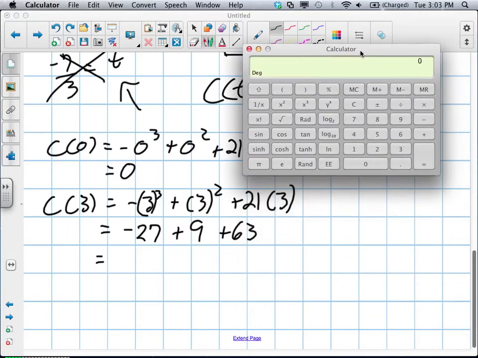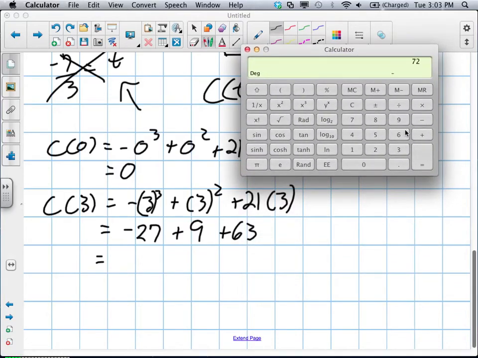Let's do this the easy way: 63 plus 9 minus 27 is 45. Oh, that was nice.